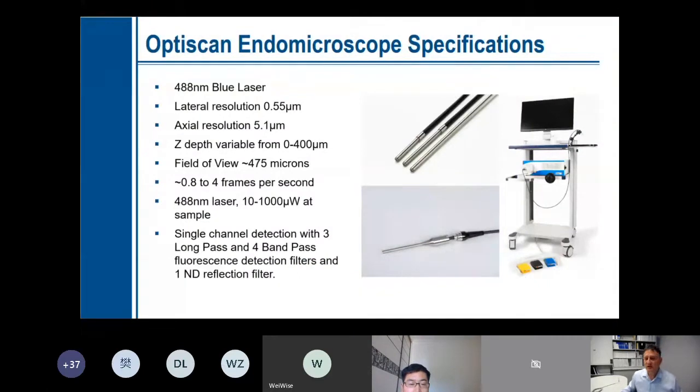Okay, the specifications of our microscope are a little bit different to what you would see with a conventional confocal. Because of the miniaturization of the system, there are fewer features and simpler operation than a benchtop confocal. We only have a single illumination wavelength, in this case 488 nanometer blue laser.